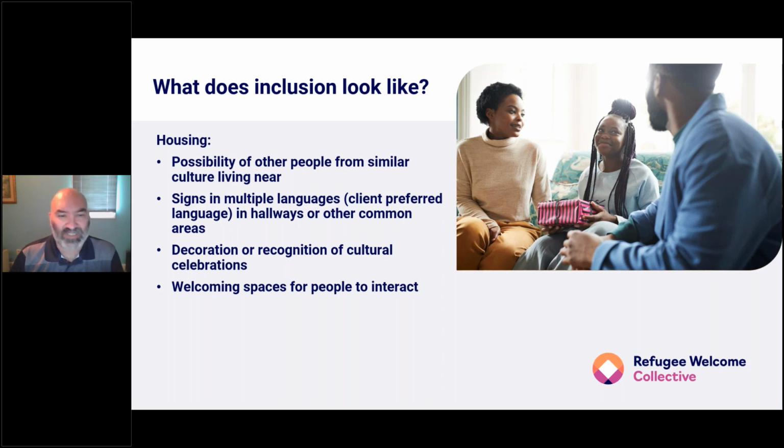Decorations or recognitions of cultural celebrations. These are small things, but important things for people to feel welcome in that community. If you are a Muslim refugee and all you see are Christmas decorations and no recognition of your own culture or celebrations, that doesn't necessarily feel very welcoming.